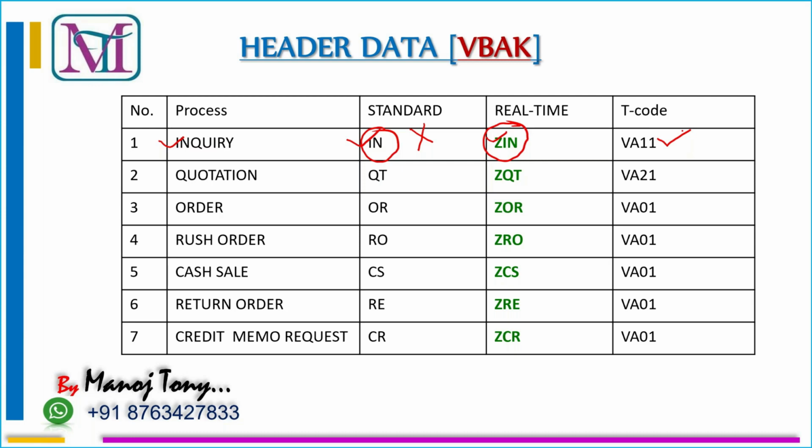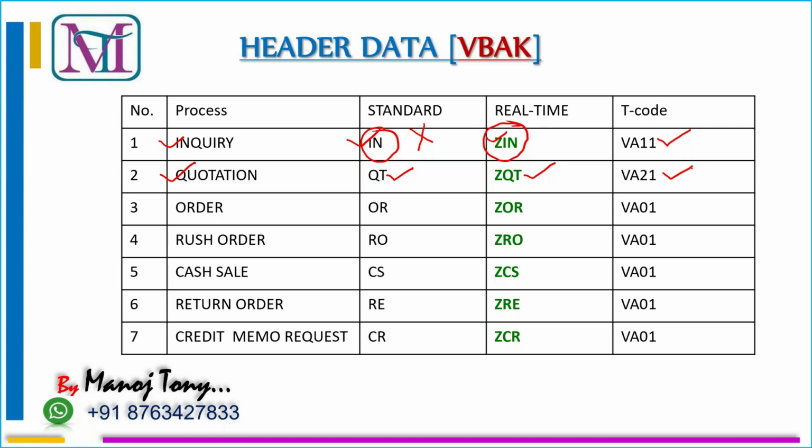Second process, quotation. The standard sales document type for quotation is QT. In a real-time project, we'll create ZQT, a copy from QT, and the transaction code is VA21. So here we have to remember, in a real-time project, we will not use the standard sales document type.